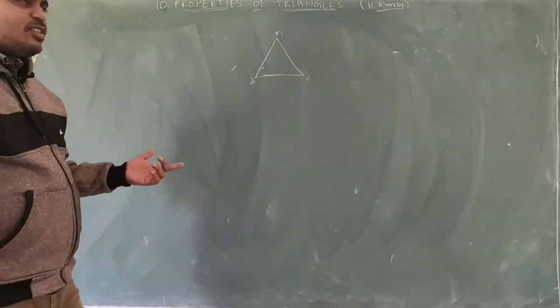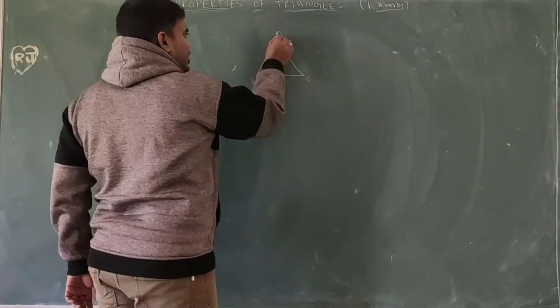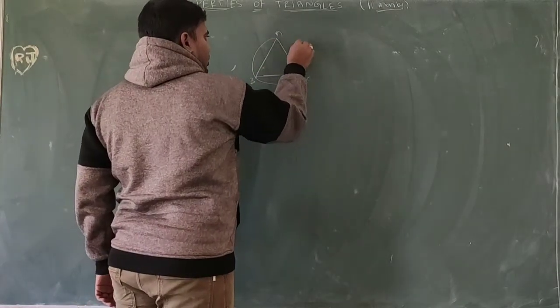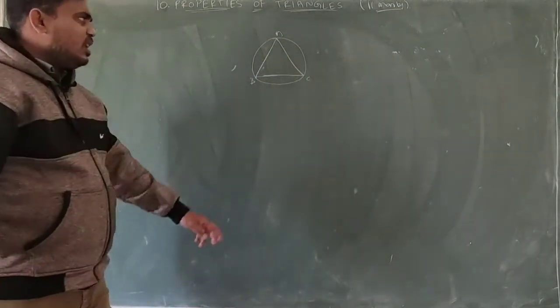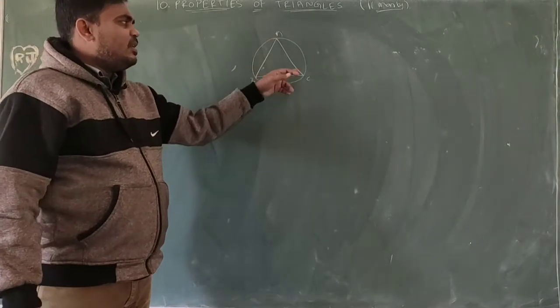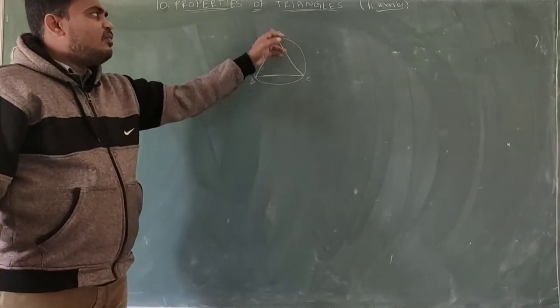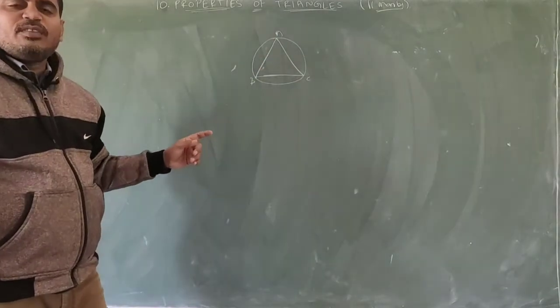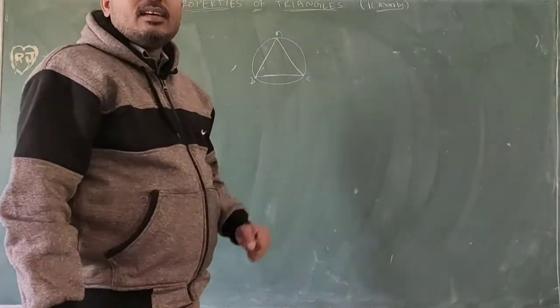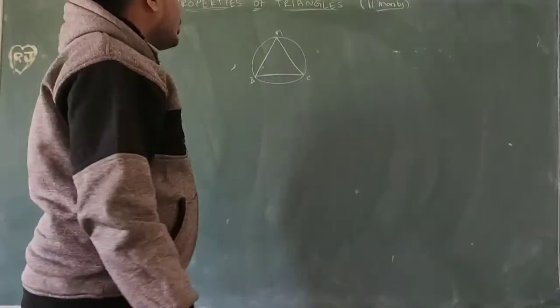The circle which passes through all the vertices of the triangle ABC is called the circumcircle.